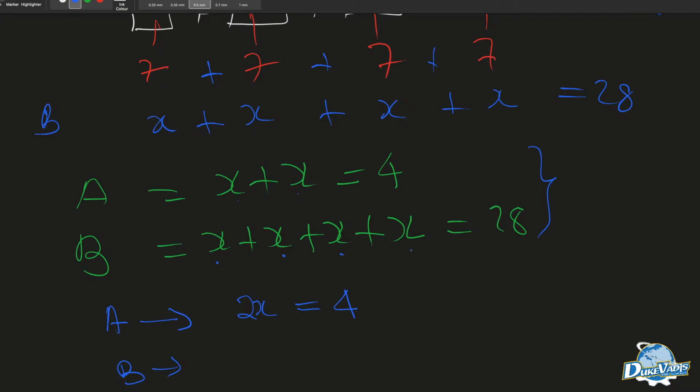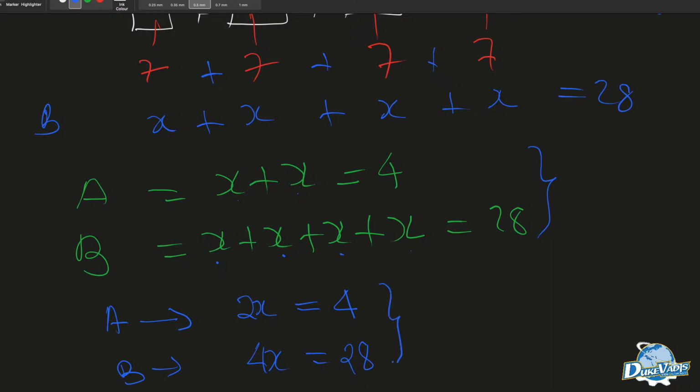For basic mathematics, for a student to have a grip on the use of variables, we say 1x plus 1x plus 1x plus 1x, so 4x. That gives us 4x equals 28.